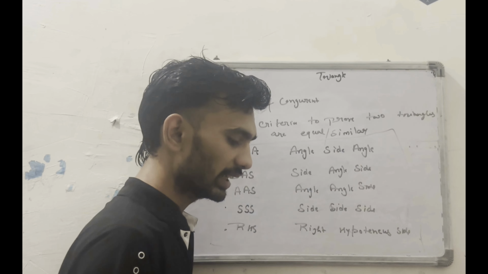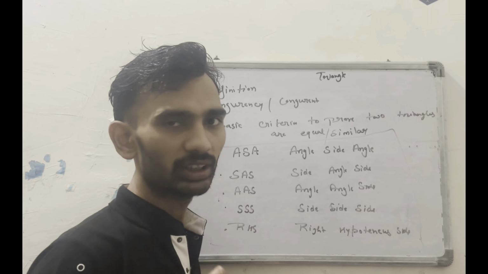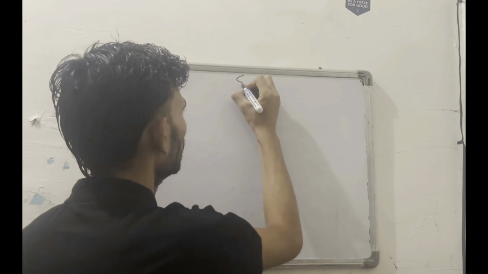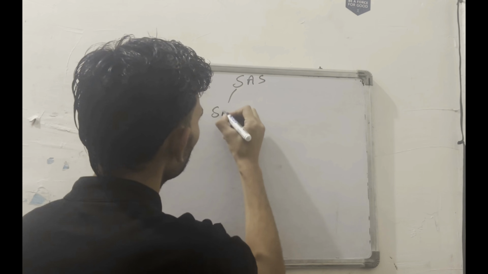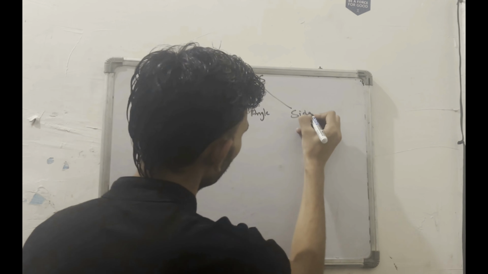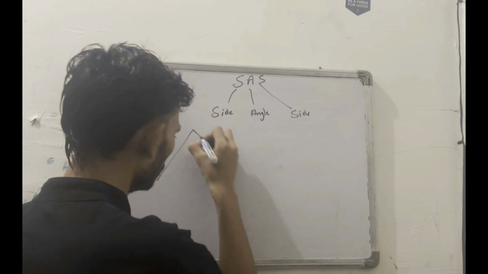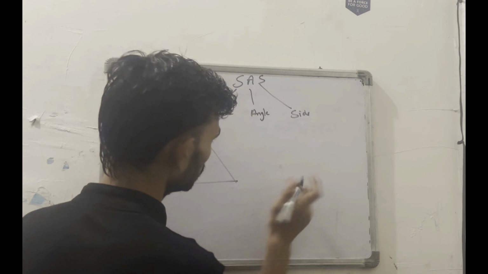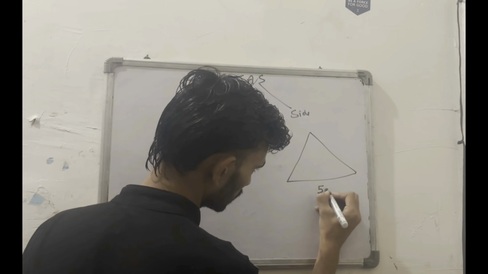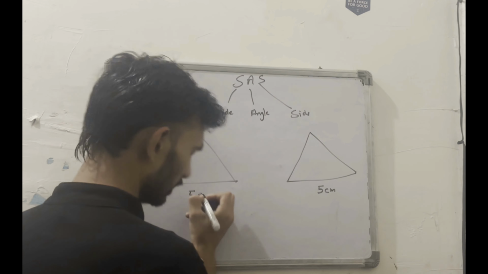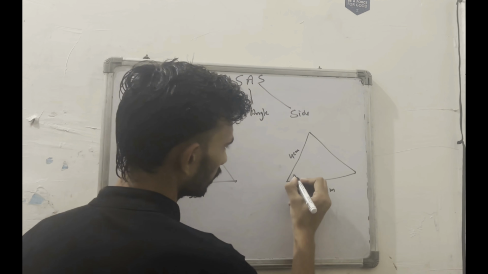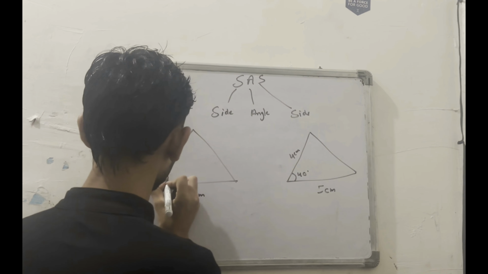Okay, let's take an example of the theorem of side angle side, so let's start with SAS, that one is your side angle side. Okay, so the diagram will be, we will draw like that one. Two triangles with equal sides, 5 centimeter, 5 centimeter, and 4 centimeter with 4 centimeter, and an angle of 40 degree with an angle of 40 degree.